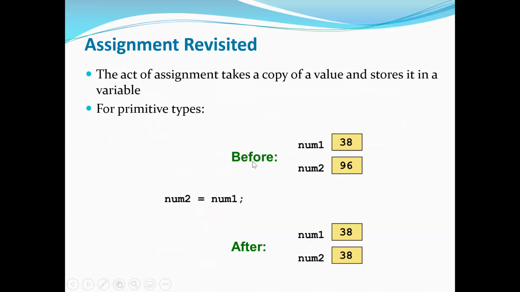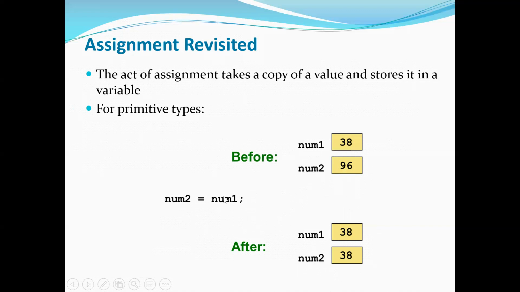Another example here, we have num1 is 38, num2 is 96. Now, if I assign num1 to num2, remember, this is a primitive data type, so we are going to overwrite the value in num2 with the value of num1. So now num2 becomes 38, but we can see we have two separate locations. num1, a different variable, 38, num2, a different variable, 96.